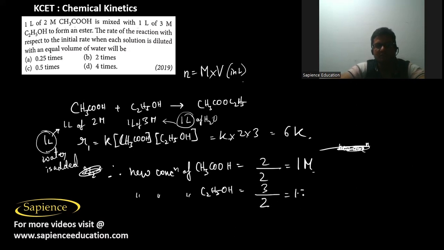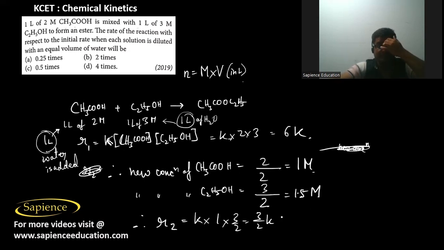So 3 by 2, that is 1.5 molar. Therefore the final rate of the reaction is equal to K into 1 into 3 by 2, since the rate constant will not change, so that is equal to 3 by 2 K.